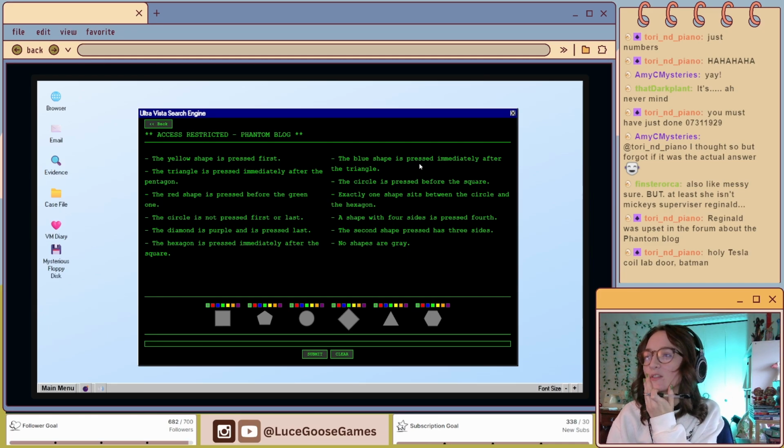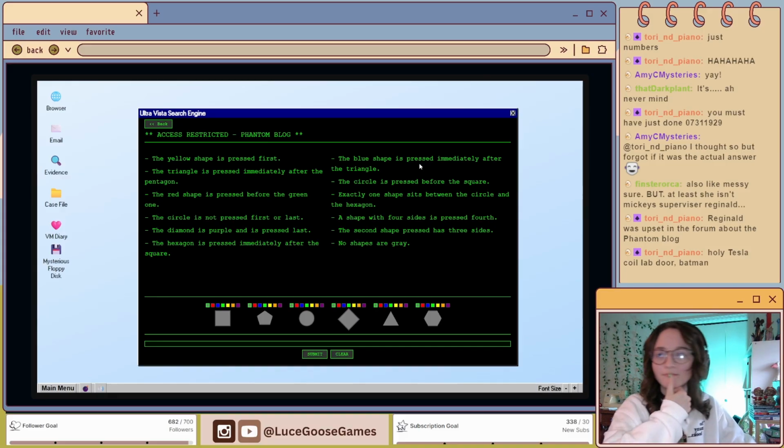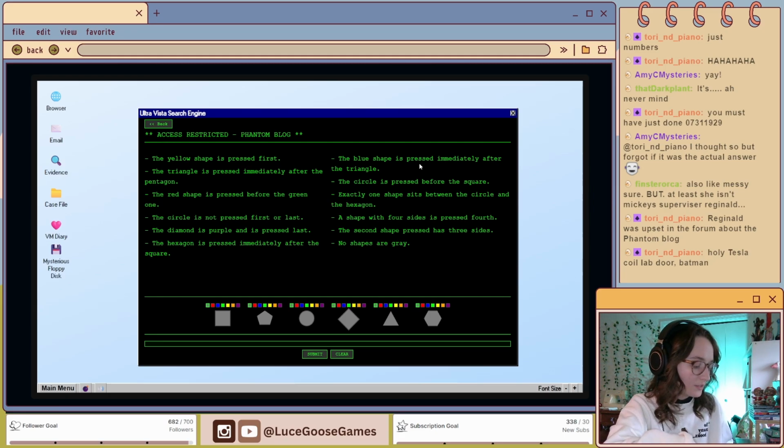We know something else about the square. The hexagon is pressed immediately after the square. So we'll get that in there. The hexagon is the one with 6 sides. Okay, exactly one shape sits between the circle and the hexagon. The circle is pressed before the square. So circle is going to be third, which means we have remaining the pentagon and the triangle.